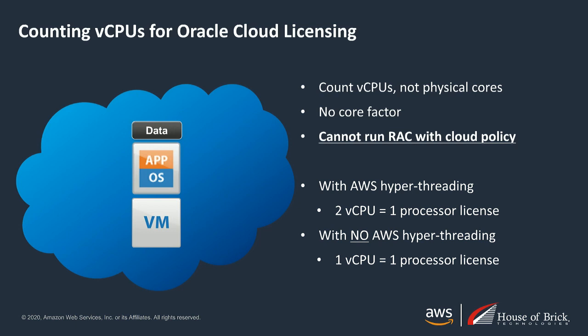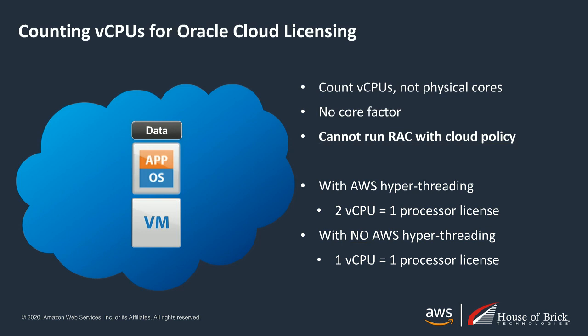I'm sure all the engineers listening to this are saying, well, that's pretty straightforward. 1 vCPU with hyperthreading disabled equates to 1 physical core, so I'm paying 1 processor license per physical core. 2 vCPUs with hyperthreading enabled on an x86 architecture equals 1 core, so I'm still paying 1 processor license per 1 processor core that's underlying my workload. And that would be the correct math.